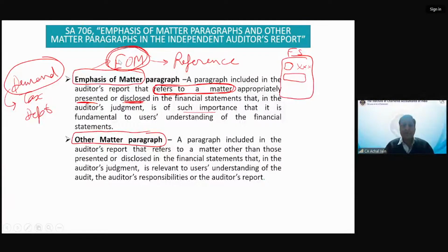But unlike EOM, other matter paragraph is given in respect of those matters which are not presented or disclosed in the financial statements. So again, the matter will be referred, but those matters will be the ones other than those presented or disclosed in the financial statements.